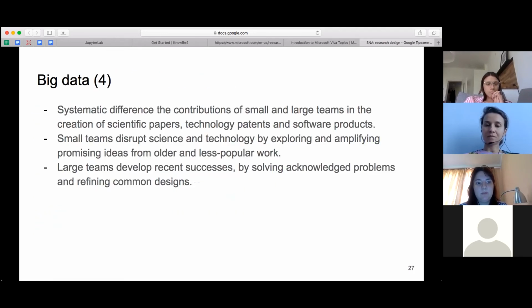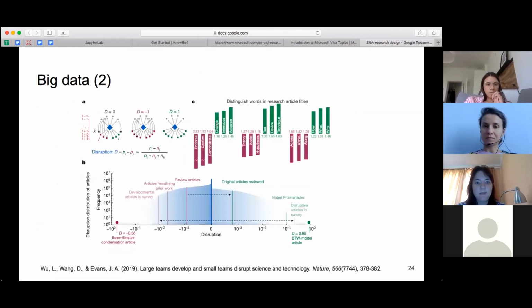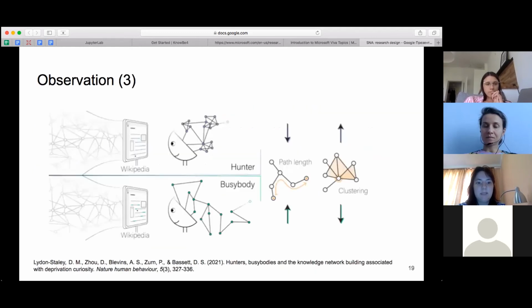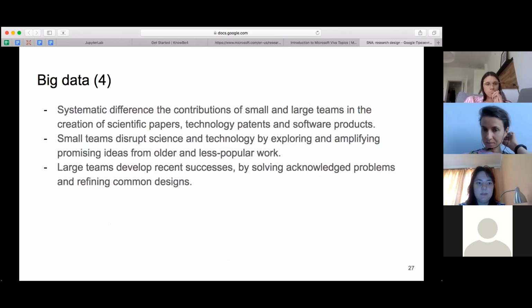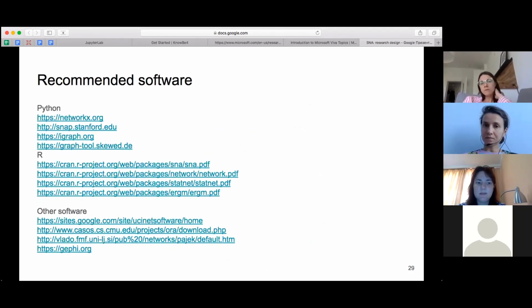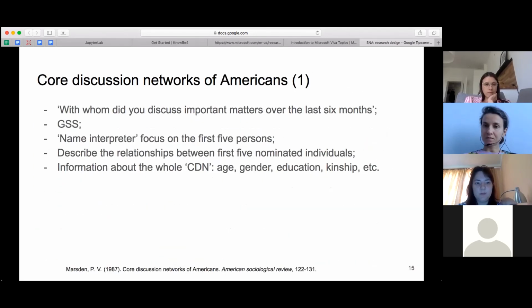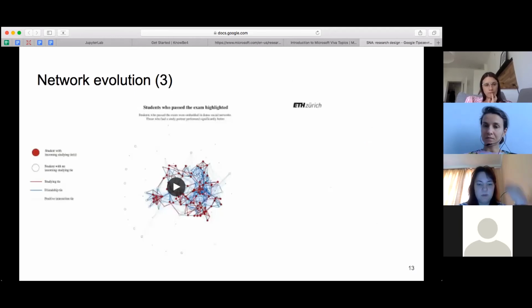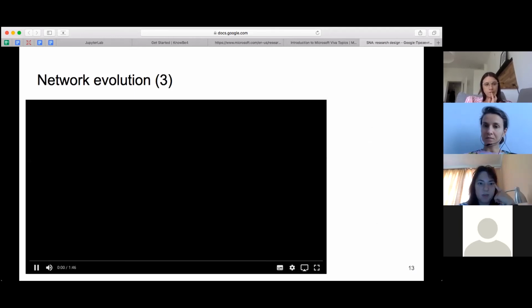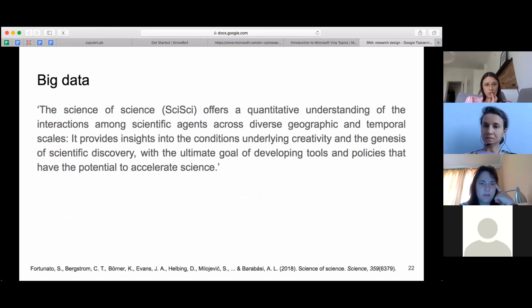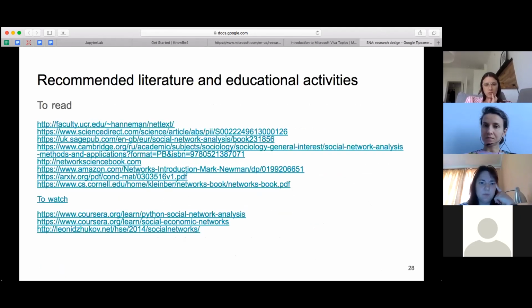For example, for such studies you can use very simple libraries such as NetworkX in Python, or iGraph in Python and R, or SNA and networks in R. And for the coevolution of networks and behavior, as we saw here, we should use very special software such as stochastic actor-oriented models.